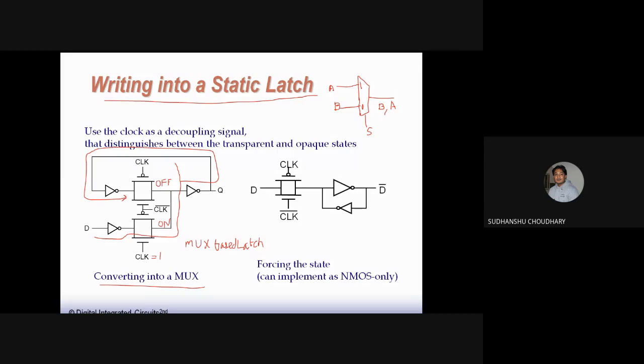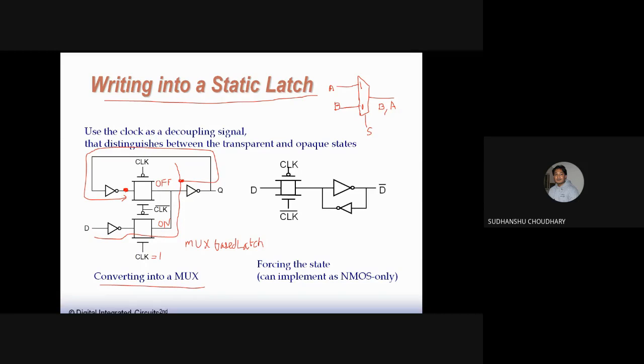So up to this point, my D input can come in, and D input is staying here right now.